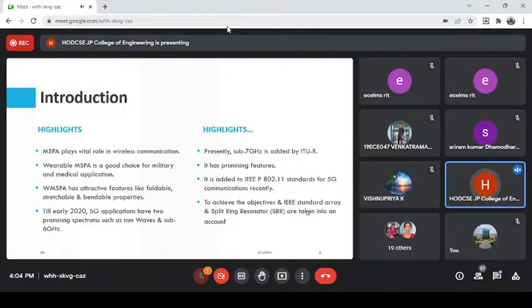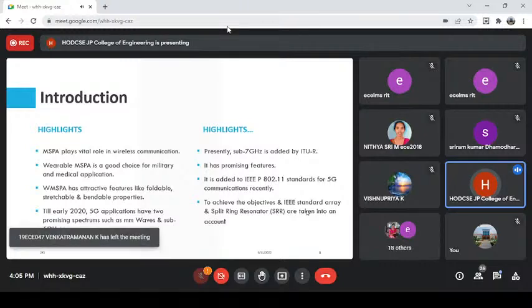Till early 2020, there were only two promising spectrums for 5G wireless communication: one is millimeter waves and the other is sub 6 gigahertz. At present, another promising spectrum has been added, that is sub 7 gigahertz, added to the IEEE P802.11 standards for 5G communication.